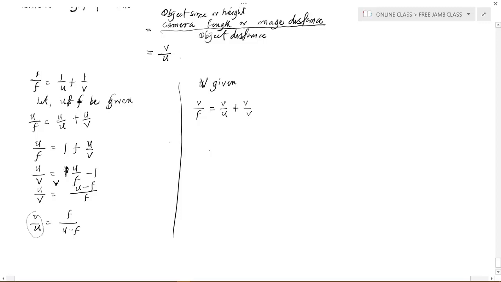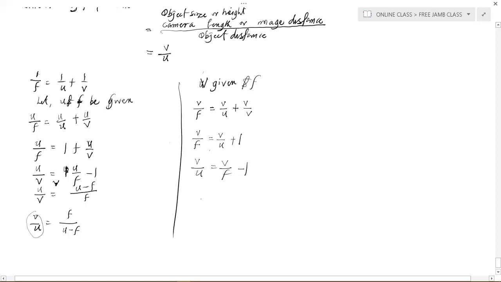So if you are given V and F, multiply everything by V, the same process I'm doing here. V over F equals V over U plus 1. So here we have V over U equals V over F minus 1.